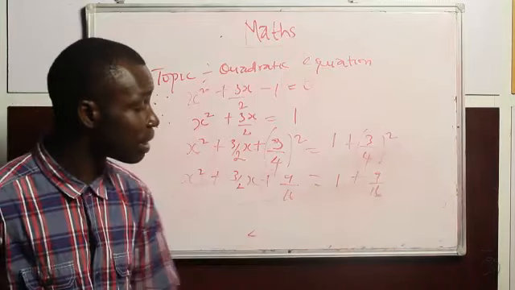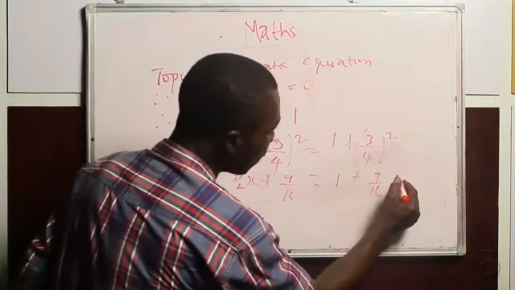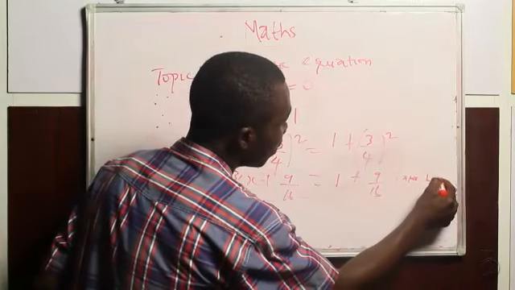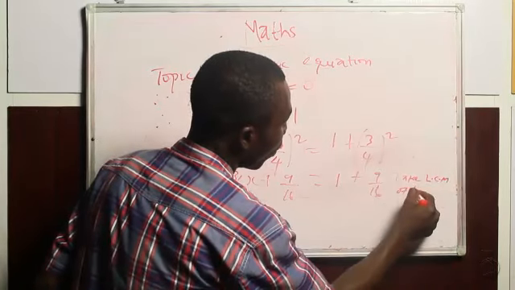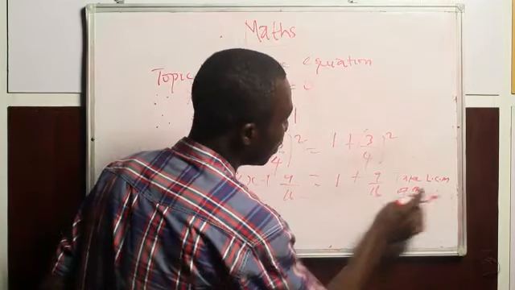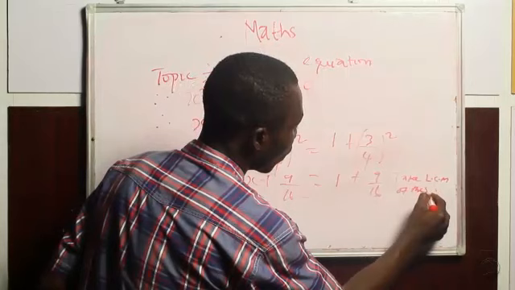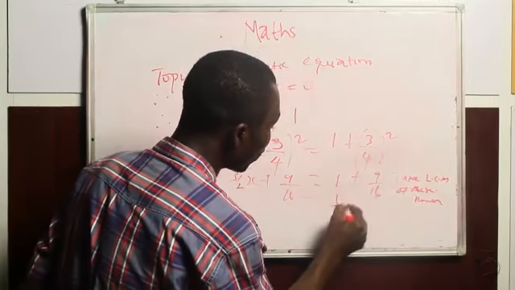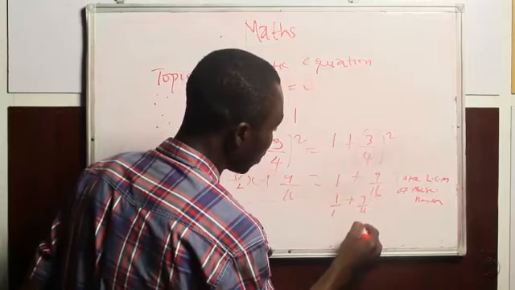1 plus 9 over 16. The step we are going to take is take the LCM of this number. That is 1 over 1 plus 9 over 16.